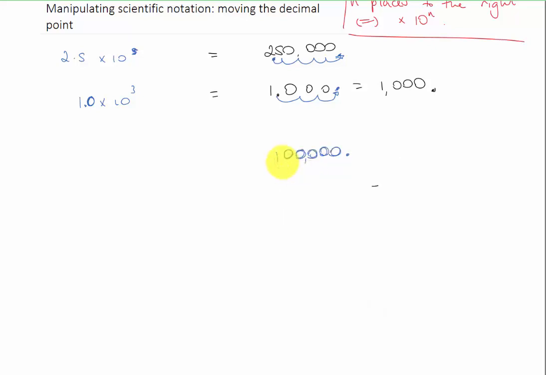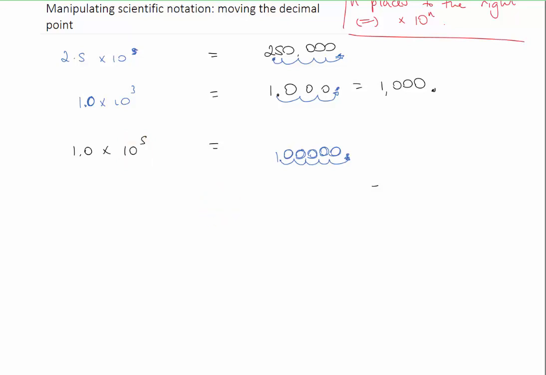To make a nice decimal number for the scientific notation. And that'd be 1, 2, 3, 4, 5 spots that we move it. So we could say 1, or 1.0 if we liked, doesn't matter, times 10 to the power 5. So we can move from scientific notation to decimal notation and from decimal notation to scientific notation.